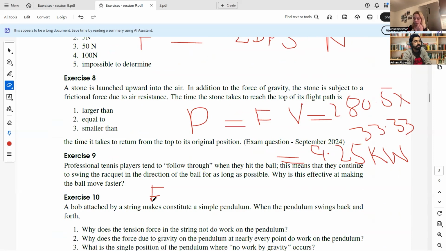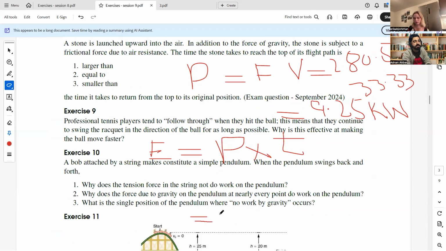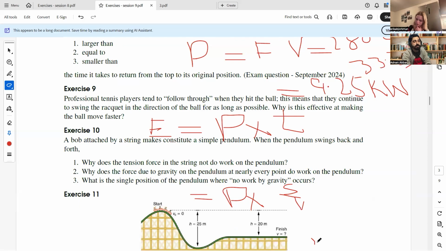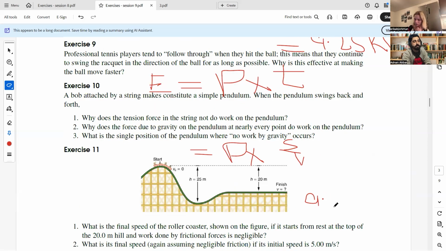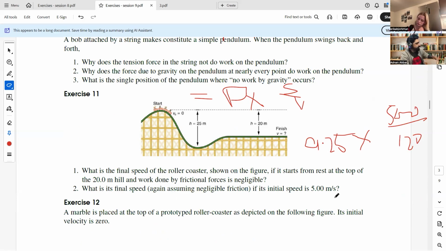Energy in kilowatt hour is equal to P multiplied by T, and T is the ratio of the covered distance divided by velocity, S over V. P is 9.25 kilowatt multiplied by S, which is 500 kilometer, divided by 120, and simplify it. Finally, you will have the value in kilowatt hour.